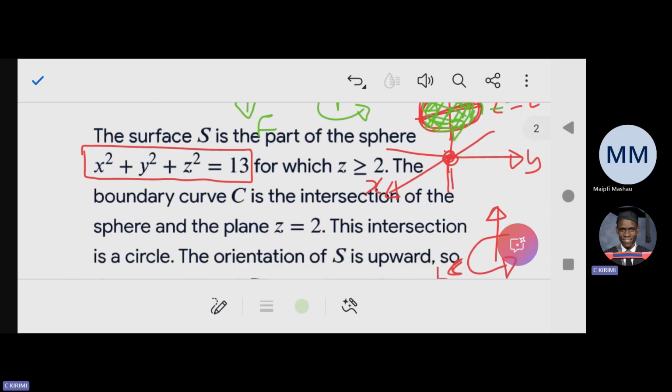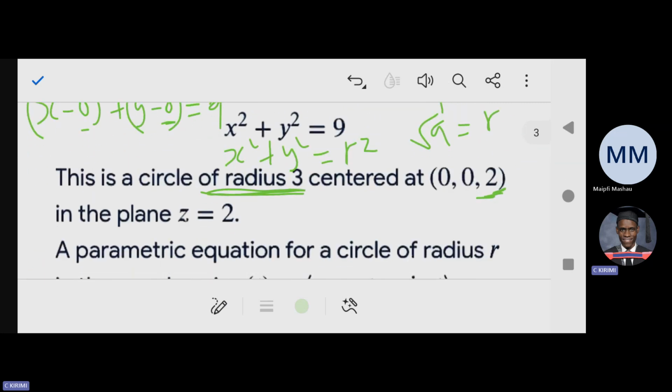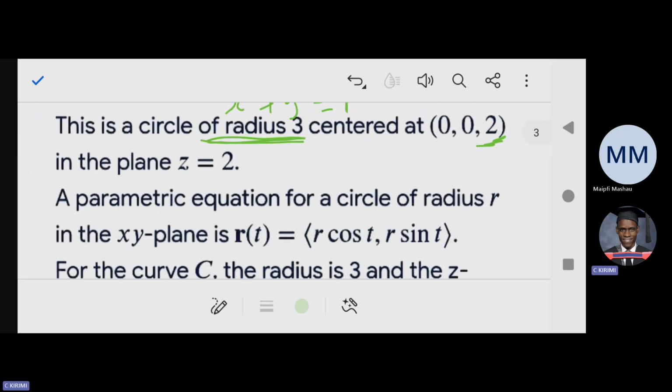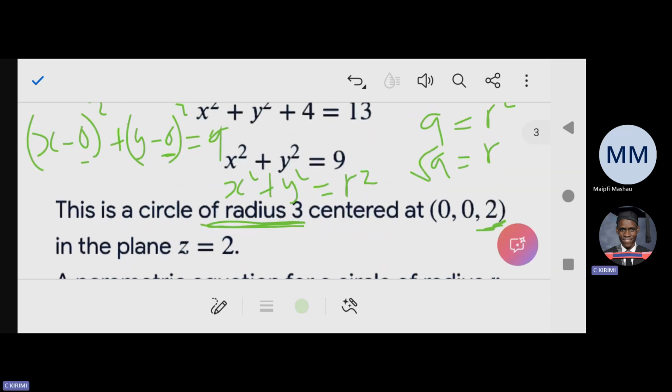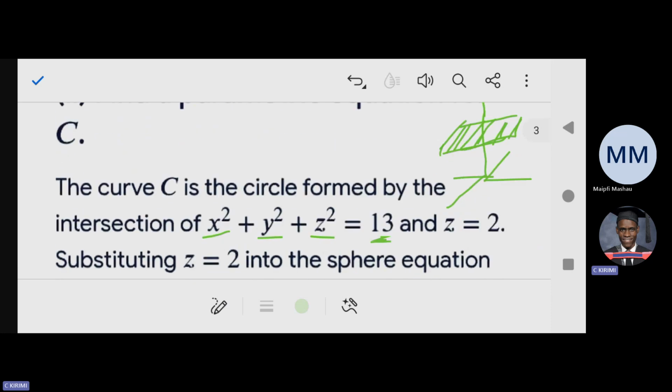Now that you have found the equation of the line of intersection, we start to parameterize, which means a parametric equation for a circle of any radius r in the xy plane. Now we only want that strip which we have colored in green.